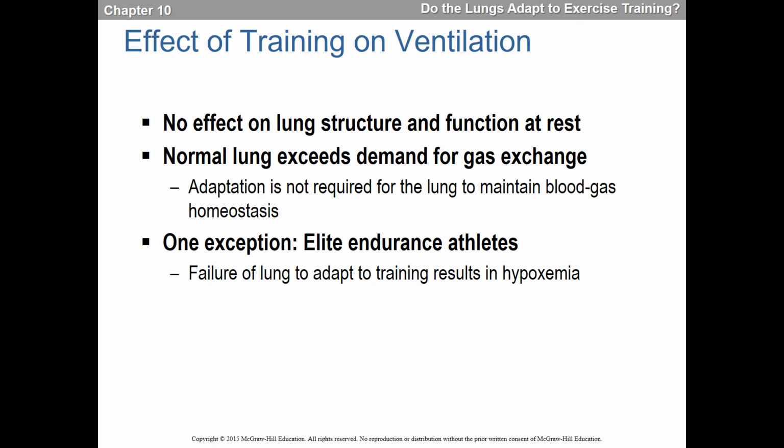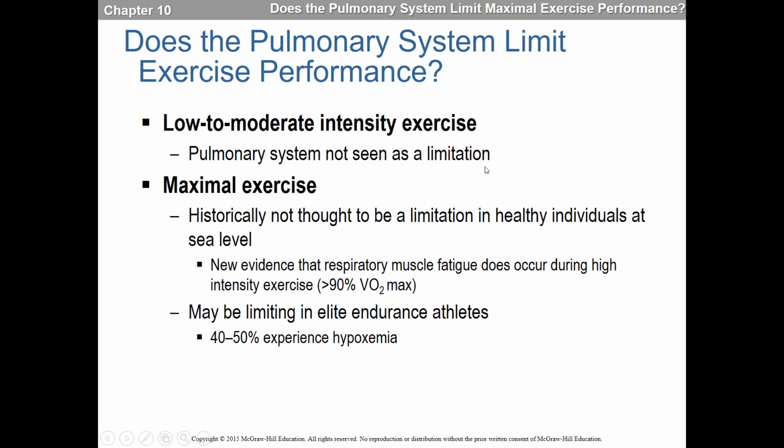Now, there does seem to be one exception for elite endurance athletes, who could have a failure of the lung to adapt to training, resulting in hypoxemia. Overall, the main picture is not much of a change going on there.